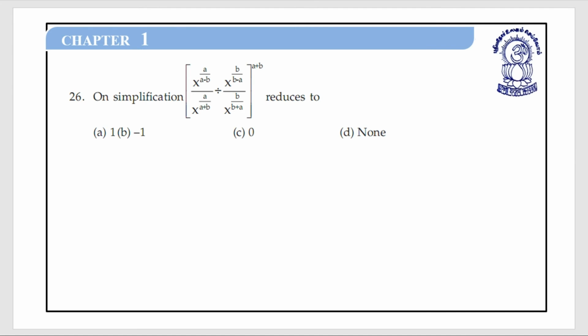Next question, question number 26. On simplification, (x raised to a upon a minus b upon x raised to a upon a plus b) divide (x raised to b upon b minus a upon x raised to b upon b plus a) whole bracket raised to a plus b. Okay, so first solve the x raised to a upon a minus b upon x raised to a upon a plus b.